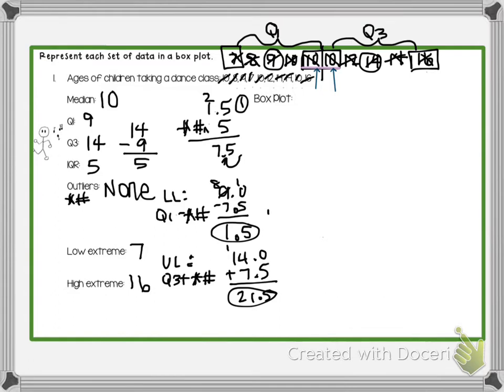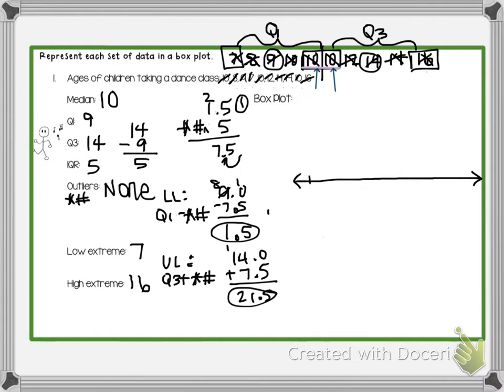Okay, so number 2 is the box plot. We have to draw a box plot. Looking at our data, the range of values goes from 7 to 16. So I have to form a number line that will go from 7 to 16. Maybe I'll go by 2s to 20.